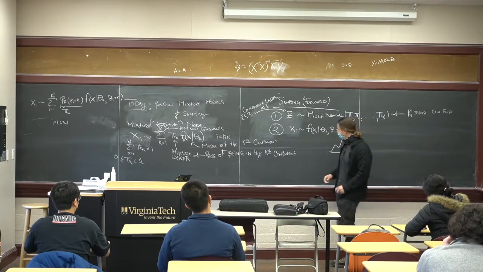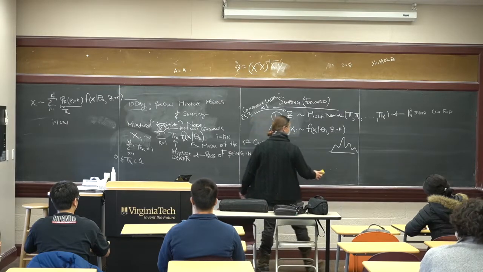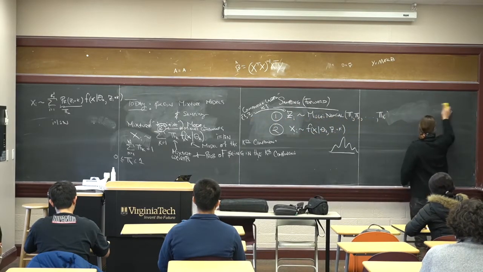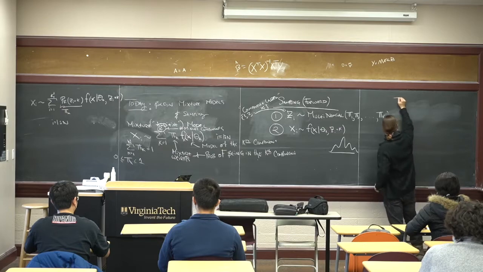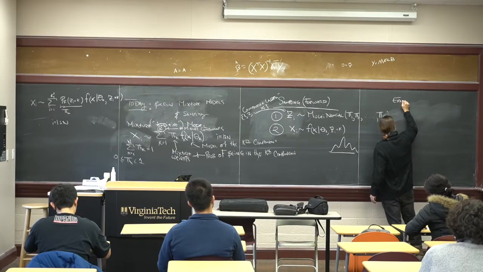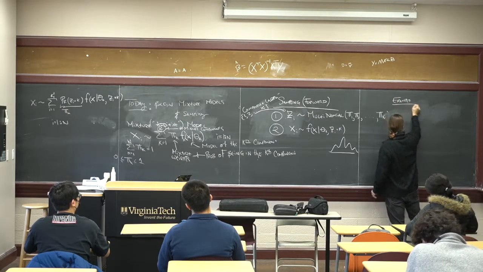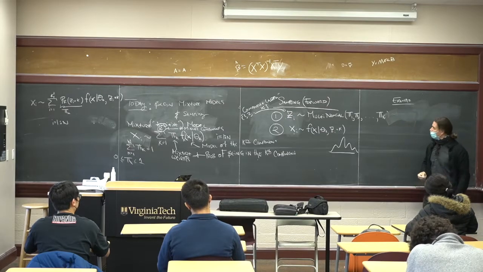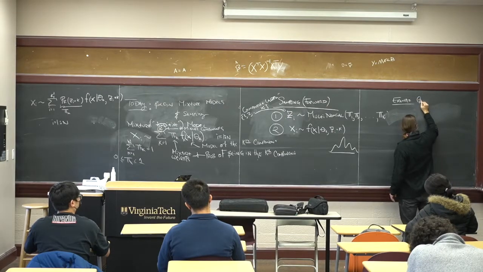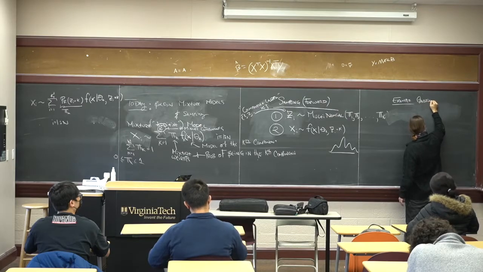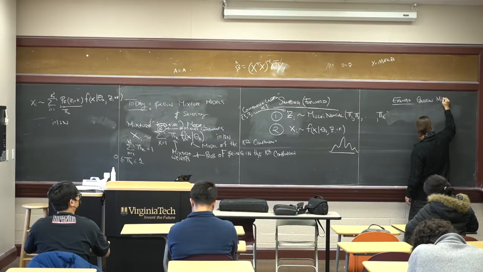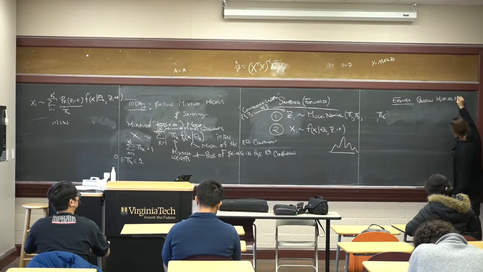So let me give you an example. This is the example we studied in homework. This is a Gaussian mixture model. And again, this is going to be a k-component finite mixture model.